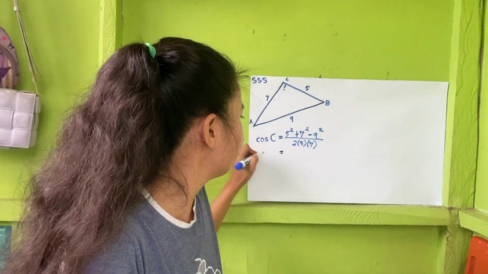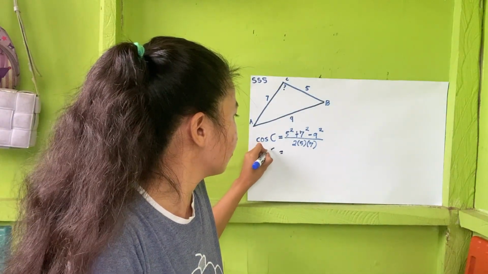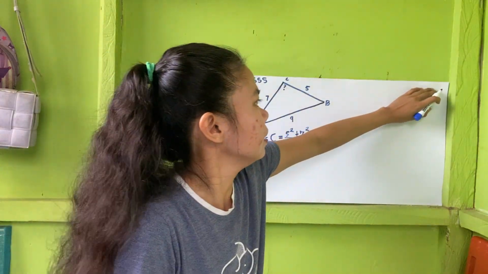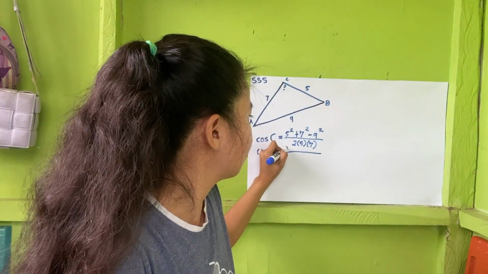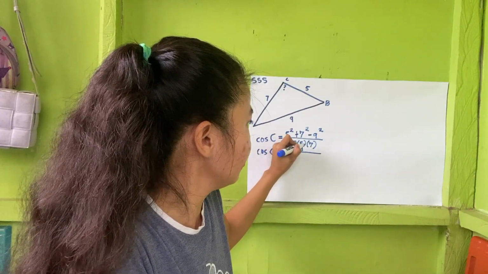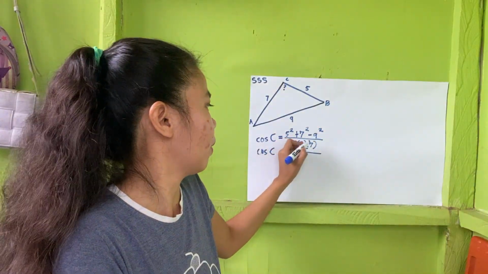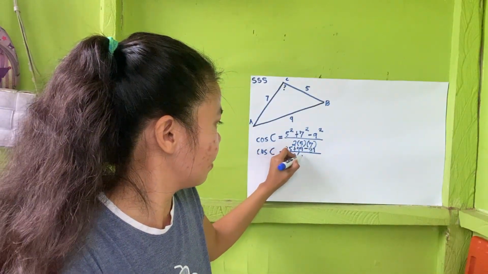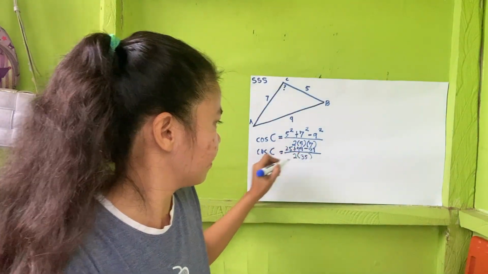So that would give us cosine C is equal to 5 squared, that's 25, plus 7 squared, 49, minus 9 squared, 81, over 2 times 35.